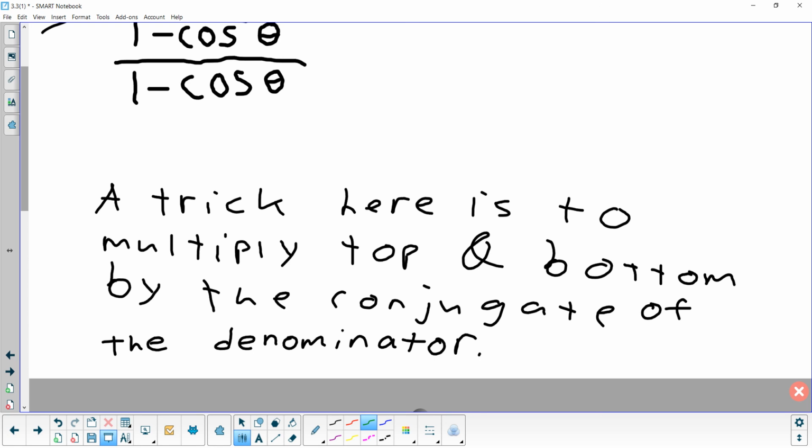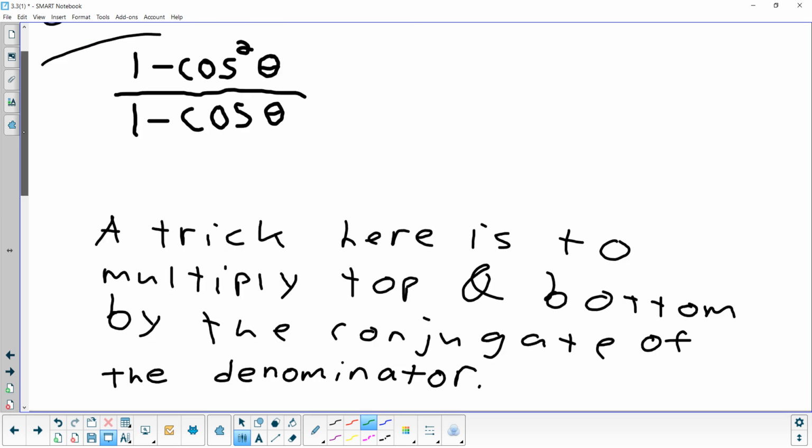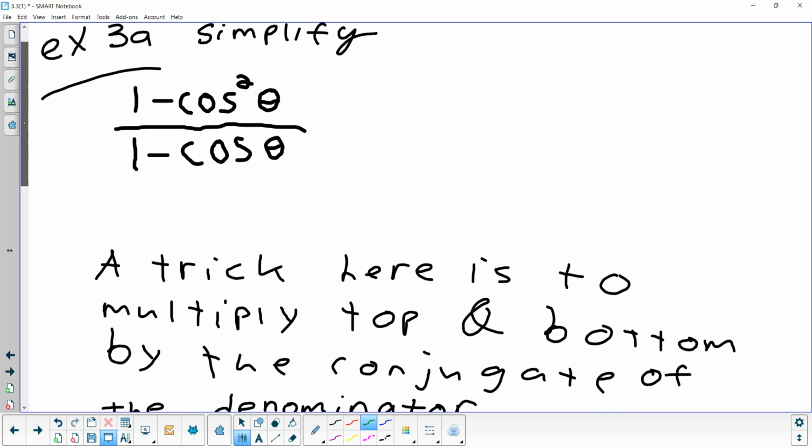So like x plus 2, the conjugate is x minus 2. So the trick here is to multiply the top and the bottom by the conjugate of what's in the bottom. All right, let's try it and see what happens.